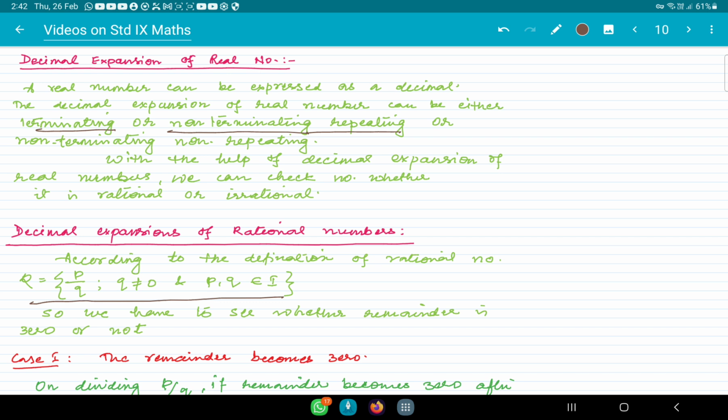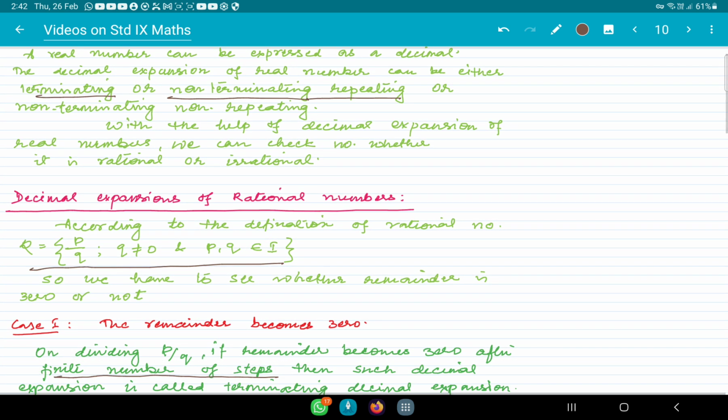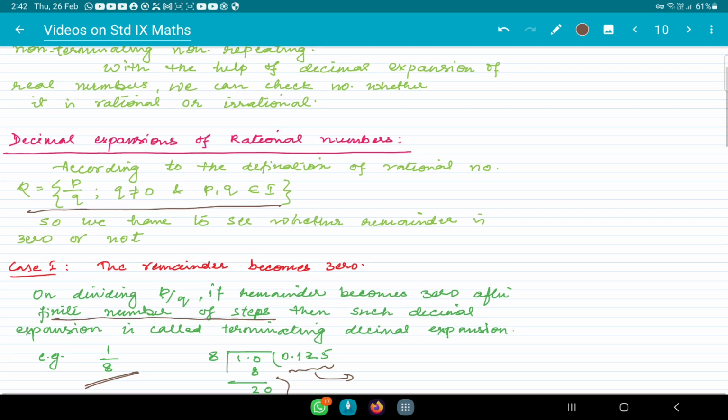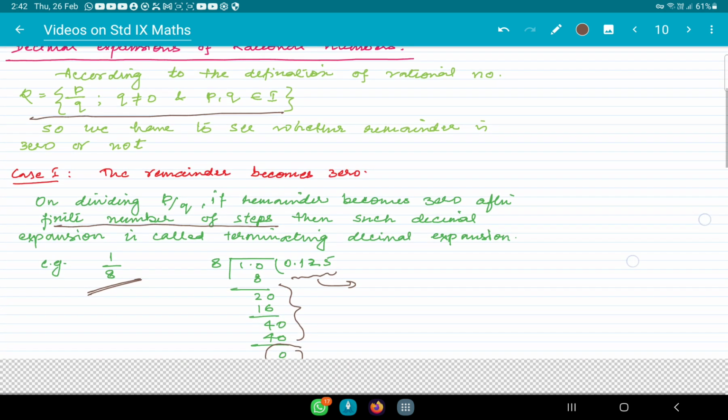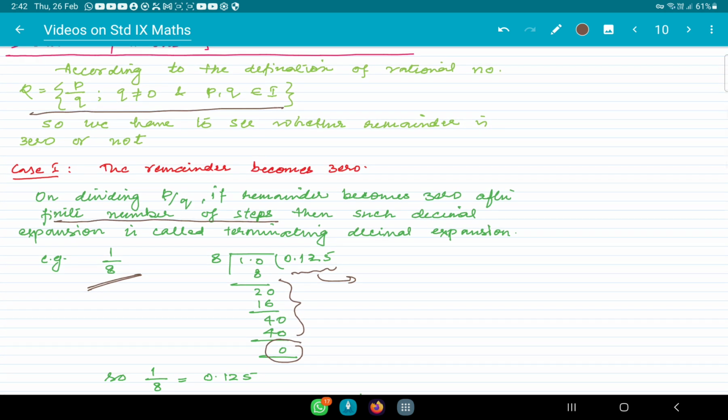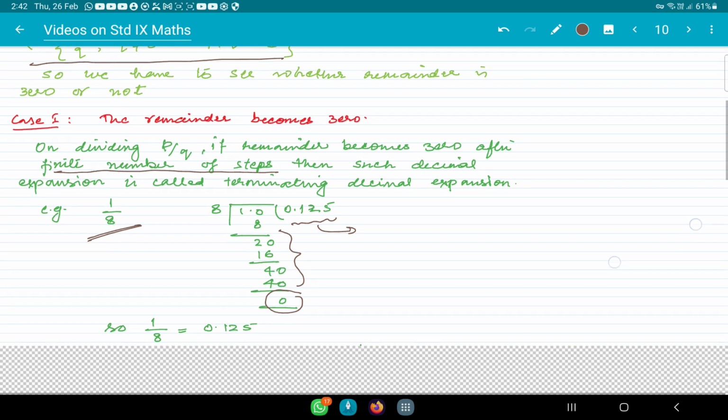What we saw in this video: decimal expansions of real numbers are of two types, terminating and non-terminating. Non-terminating may be repeating or non-repeating. As you know, a rational number can be expressed in the form p by q, and there are two cases.